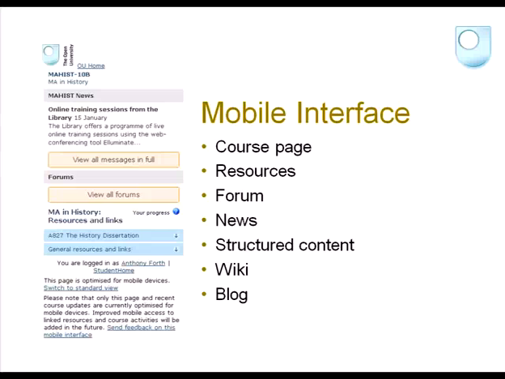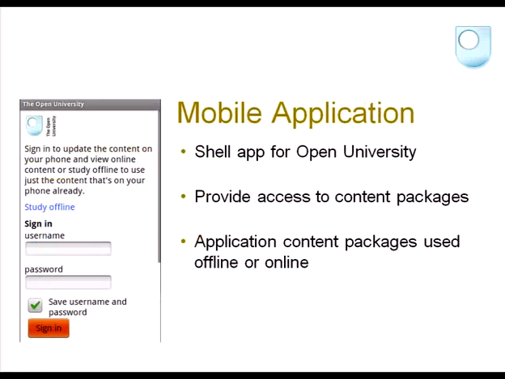It also covered the OU's structured content module, which is basically a way of producing course materials in-house and outputting them to a range of platforms, of which Moodle is one. And we produced a very basic mobile application that could look at content packages that were generated using some code we developed in Moodle. Those content packages could be used offline or online.